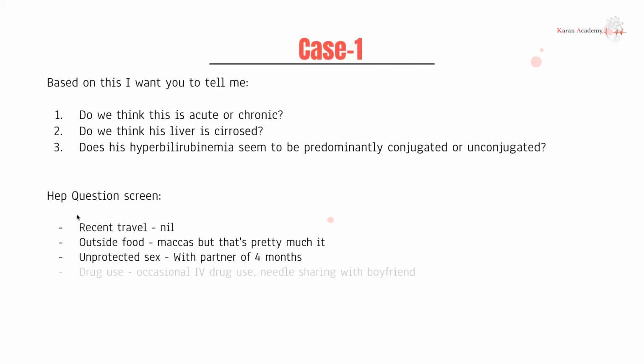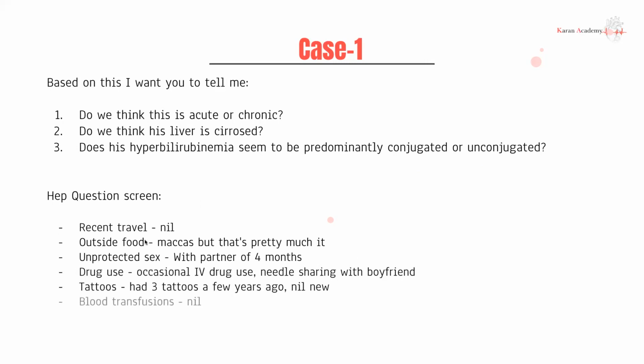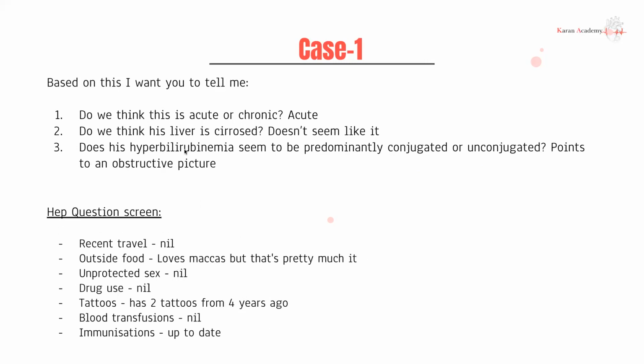Hep question, he responded, again, recent travel, nil. Outside food, yes. Not much else. Oh, drug use, yes. Okay, for this case, let's just say that he does use IV drugs, because not everyone who uses IV drugs has hepatitis.